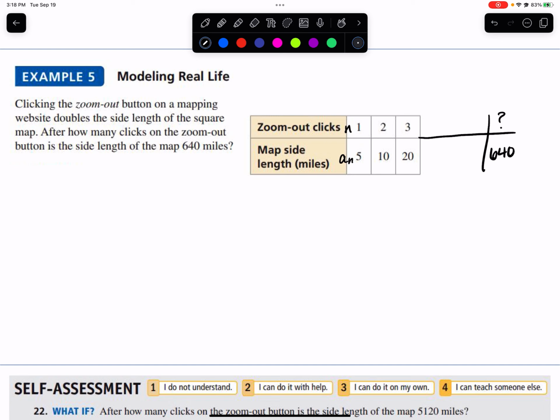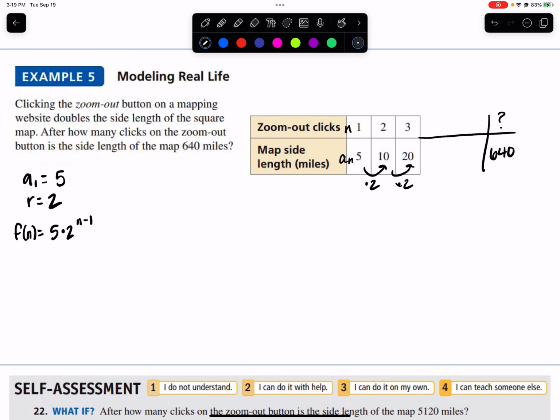So the first thing I want to do is find my equation. So a sub 1 and r are what I need. My first term is 5. My common ratio, it looks like I am multiplying by 2. So r is 2. So let's do function notation for this one so you see both. F of n equals 5 times 2 to the n minus 1 power.